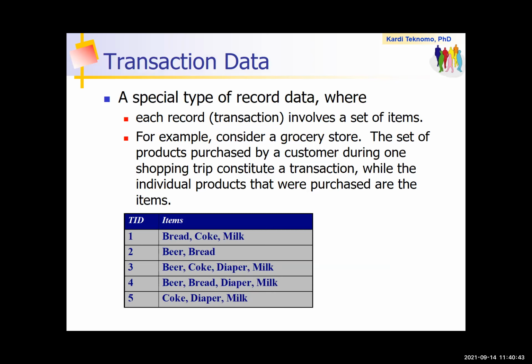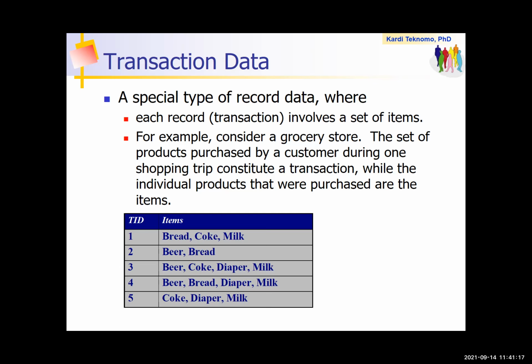Similarly, this is an example of transaction data. Transaction data is again words, right? For example, bread, milk. Each row here represents one transaction, involving several items, for example in a grocery store. So it is the set of products purchased by a customer during a shopping trip.